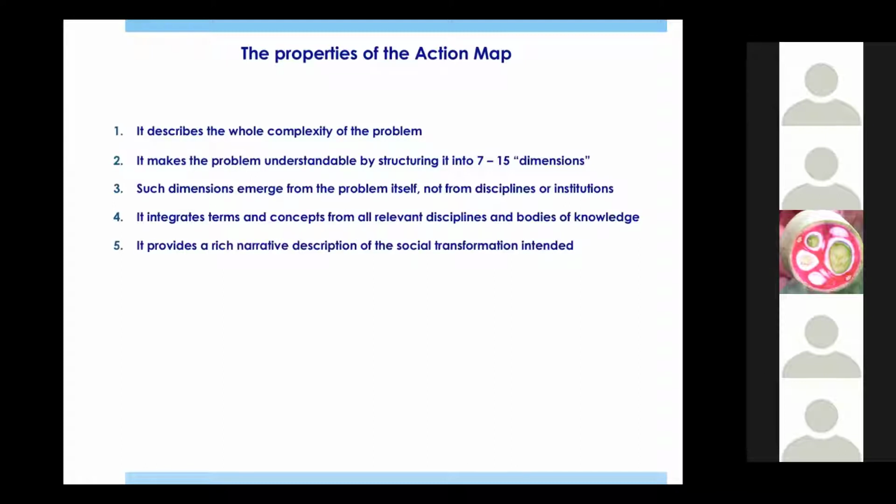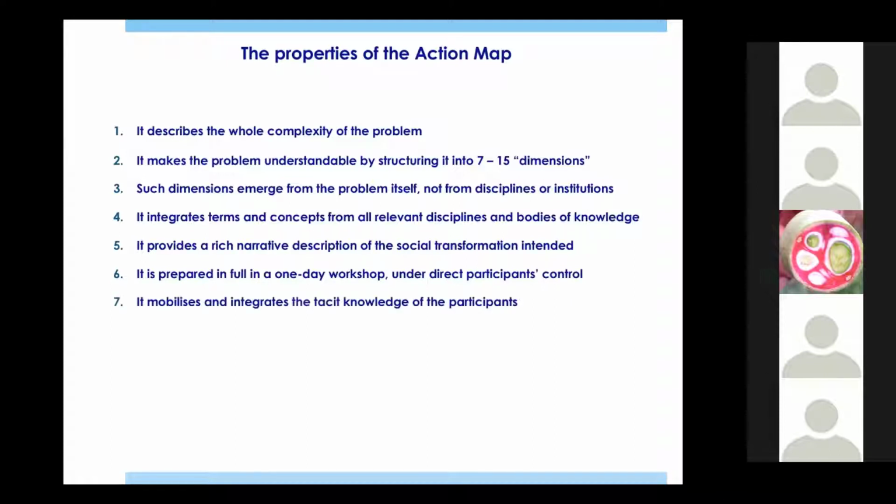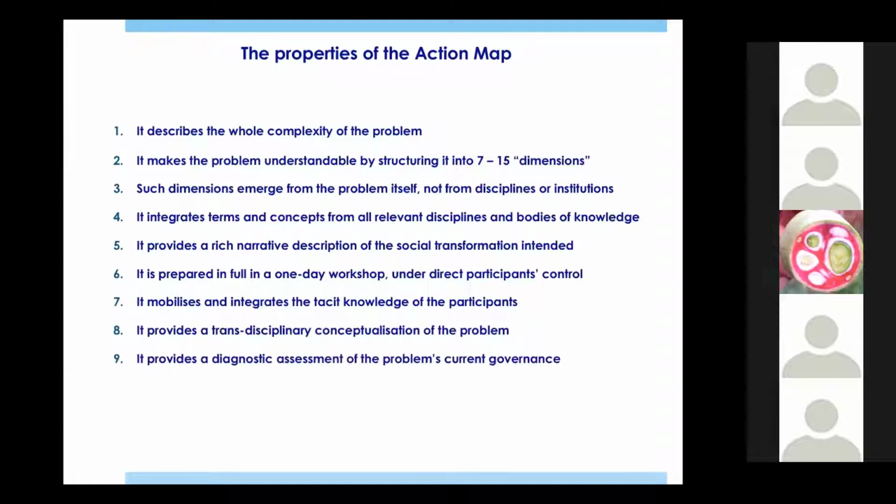A rich narrative description is prepared in full in a one-day workshop under direct participants' control. It mobilizes and integrates the tacit knowledge of the participants, transdisciplinary conceptualization, a diagnostic assessment of the project's current governance, use cases, and so on, and it specifies where to innovate, dimension by dimension.